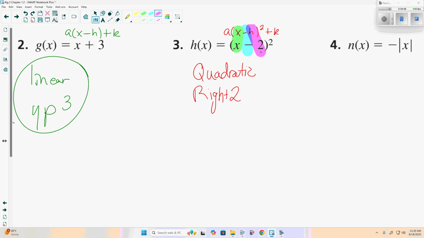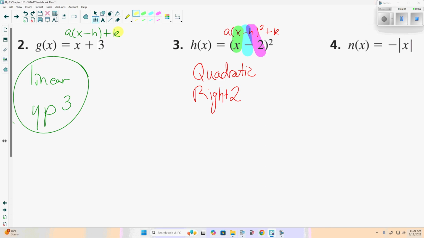Specifically, it's positive 2, which positive is to the right, 2. But because it does have that minus inside, it makes it look negative, but it actually is positive. That's why we get that opposite direction. X minus 2, it looks like it should be left 2, but it's actually to the right 2, because the value of h is positive.